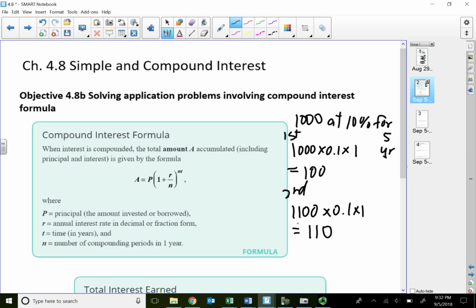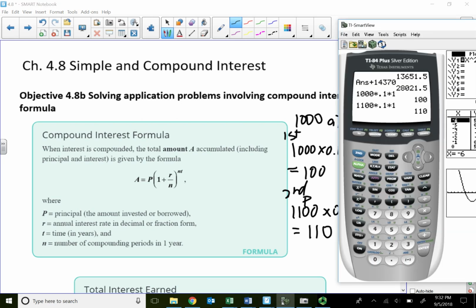Because in my second year, the principal is no longer 1,000. It's the 1,000 plus the 100 that I earned from year number one. So at the end of the second year, I should have $1,100 plus the $110 interest I earned from the second year.